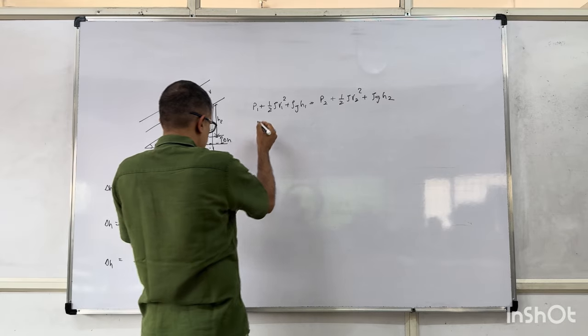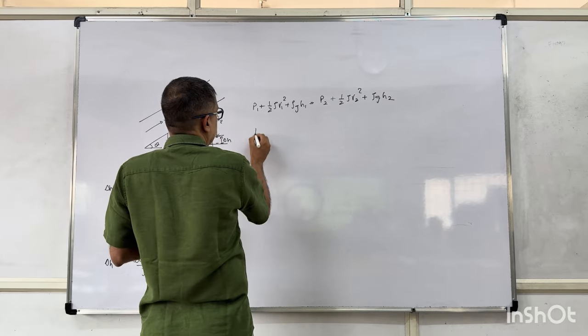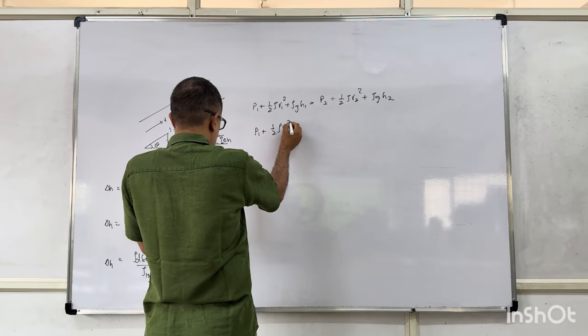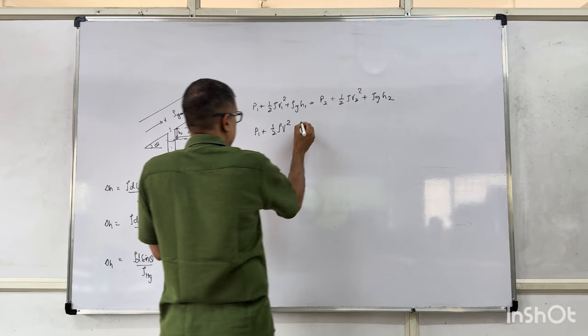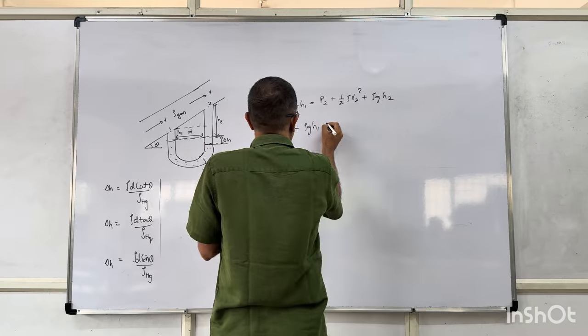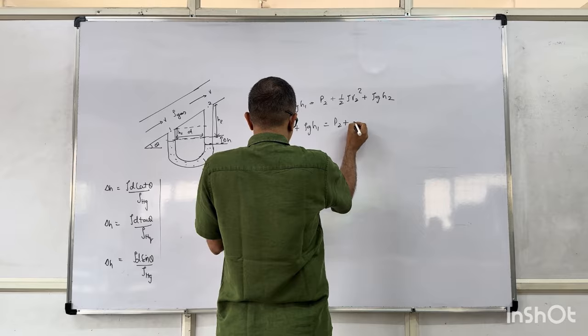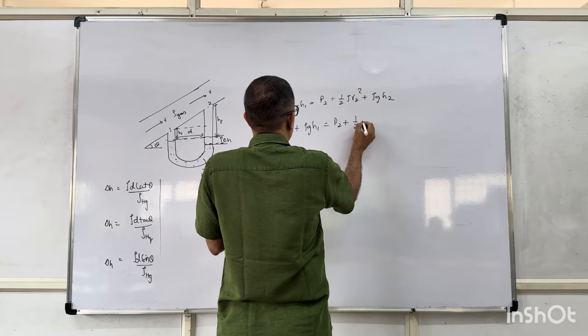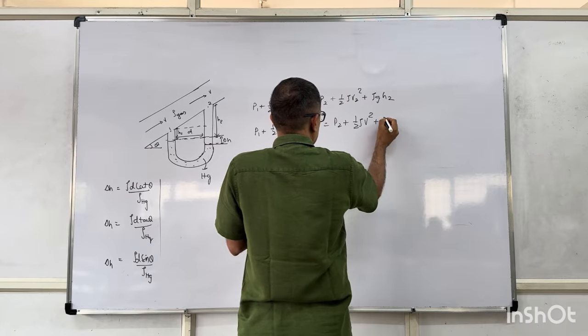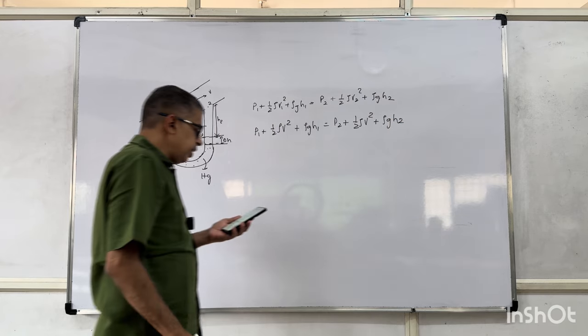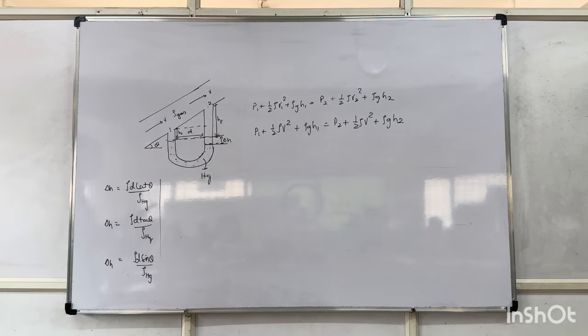Watch out for it. P1 is of your requirement plus half rho V square plus rho G H1 should be equal to P2 plus half rho V square plus rho G H2. Why did you take velocity to be the same at both the points for the fluid?